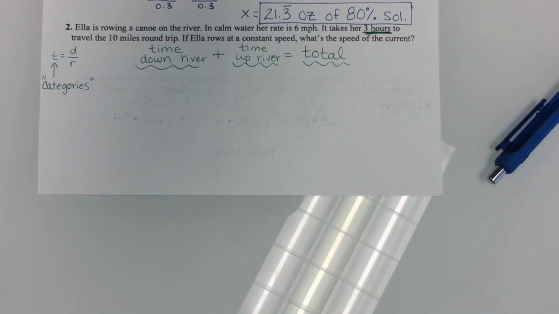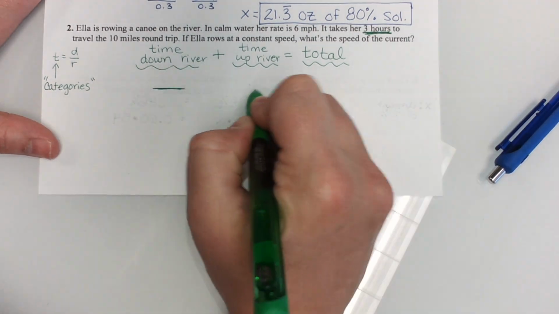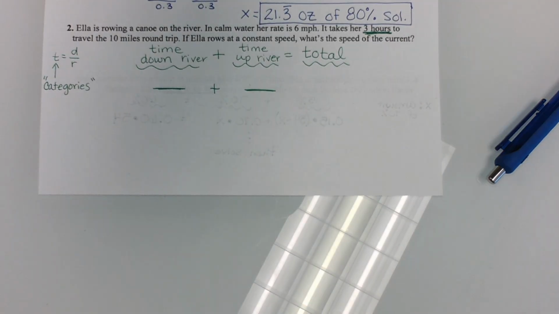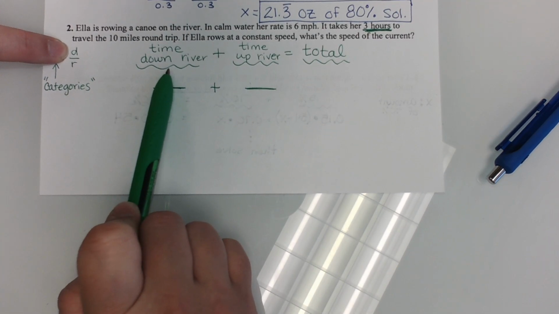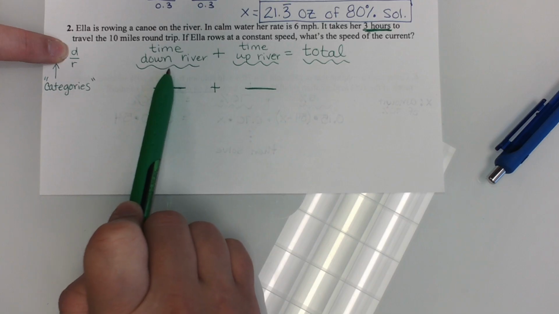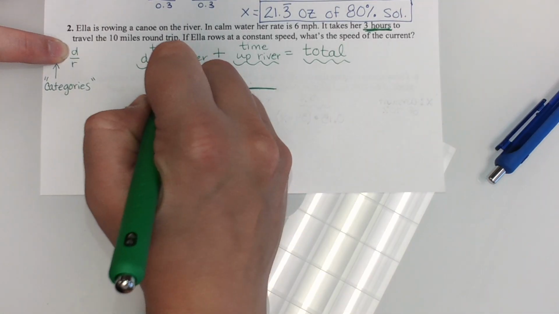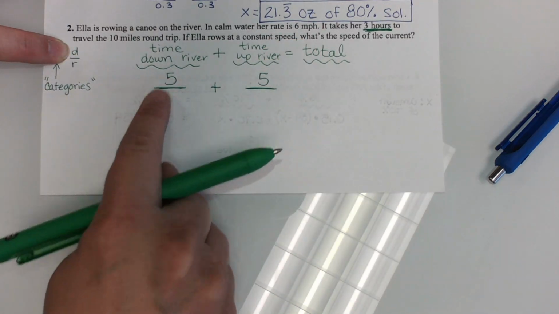These are our different setups that we're going to try to do as a distance divided by rate. So these ones actually are going to be rational. Starting with distance. What is her distance going downriver? If the total trip is 10 miles round trip, downriver you're going 5, and upriver you're going 5. Those are the distances for both of these.